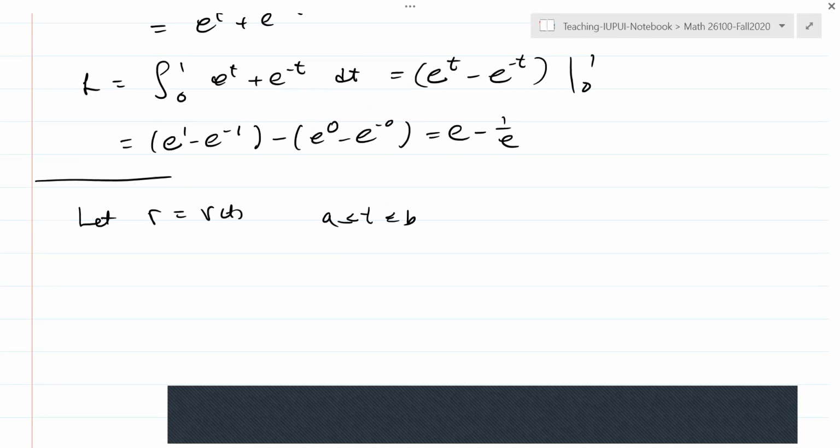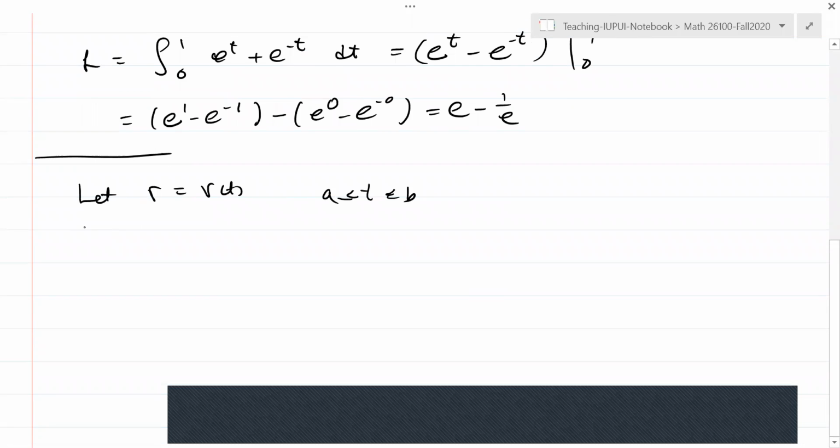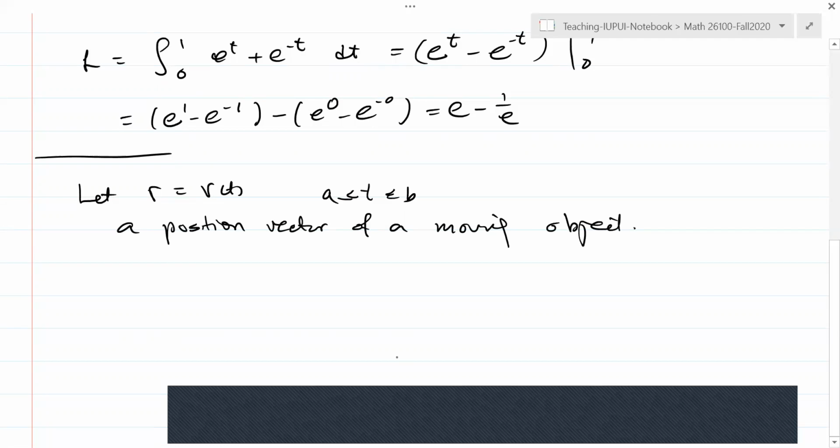So a position vector of a moving object. That means that given this is the origin, at a given time t, there is a point here, and this is moving in space, maybe in that direction.